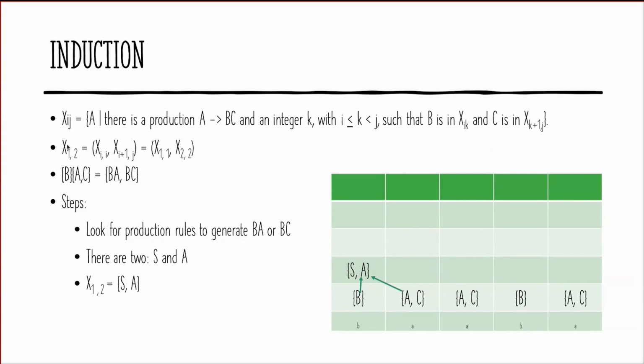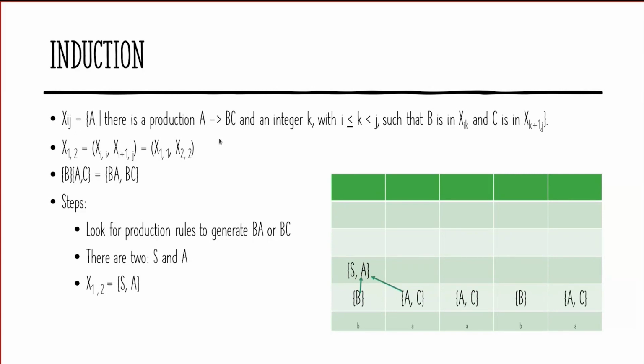So we have broken our string into two substrings, X11 and X22. We definitely have the stored answers for X11 and X22, so we use that. We have B for X11 and we have A, C for X22.